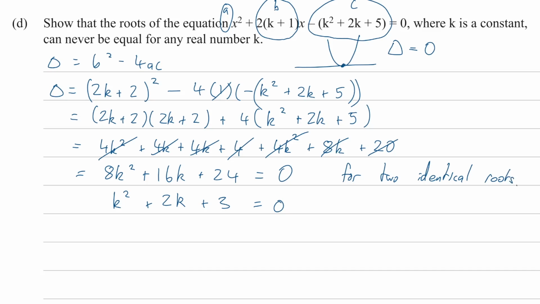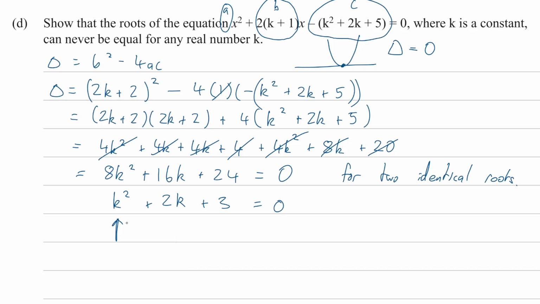Now we need to ask the question, is it possible for there to be a value of k so that k squared plus 2k plus 3 does equal 0? Because if there is, it means this original quadratic, right at the top, could have a value of k so that the discriminant is equal to 0, which means there would be two identical roots.